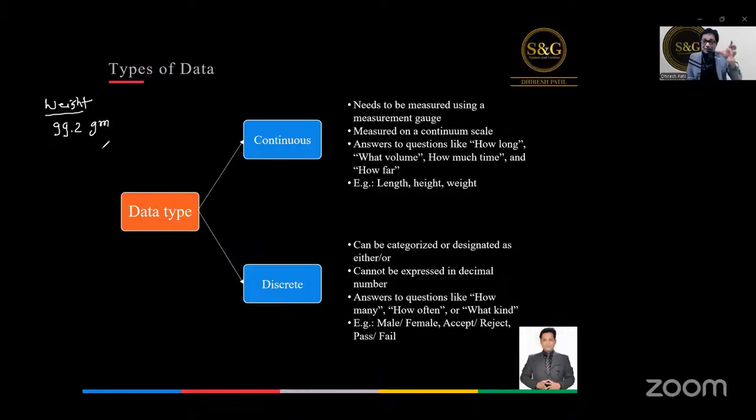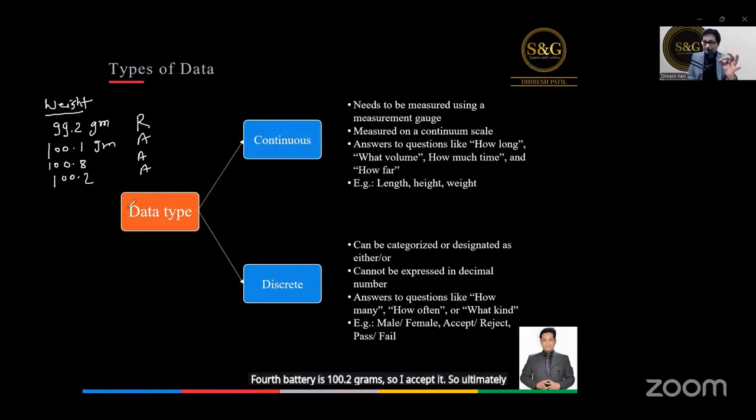Now I will measure it, and if it is less than 100, I will reject. So I'm saying reject. Then the second battery is 100.1 grams. I accept it. Third battery is 100.8 grams. I accept it. Fourth battery is 100.2 grams. I accept it. So ultimately, I have got 1 reject and 3 accept.